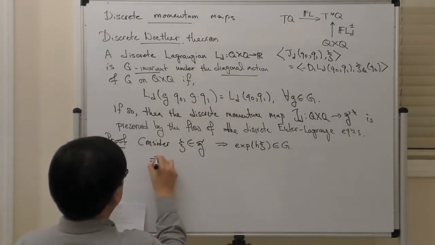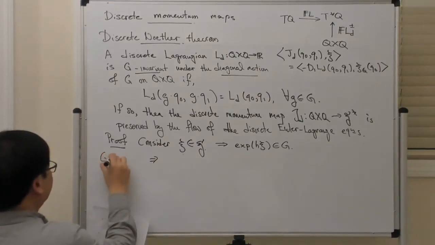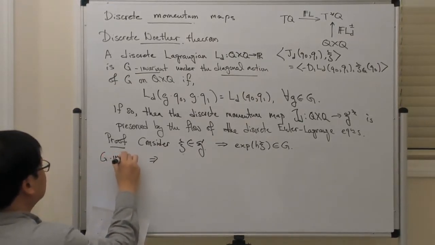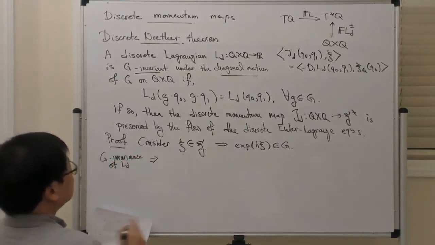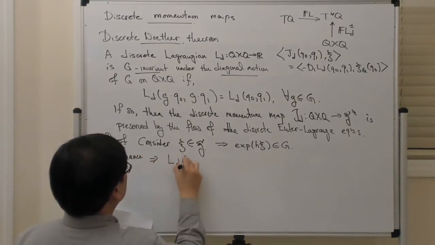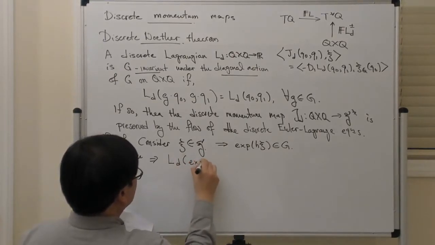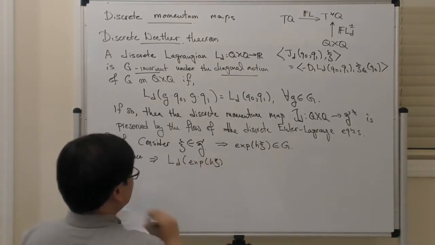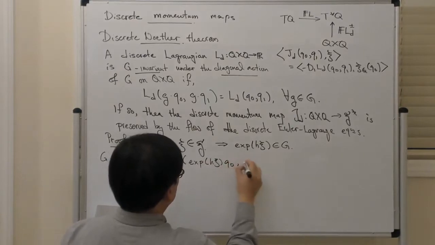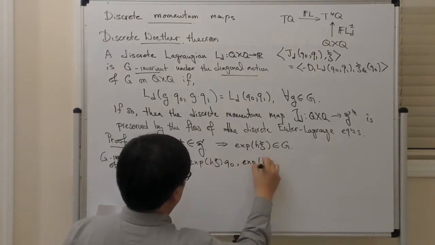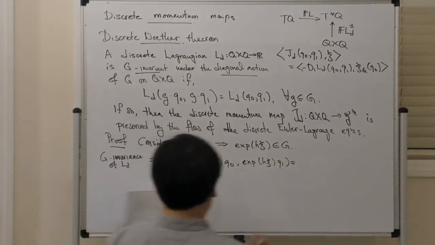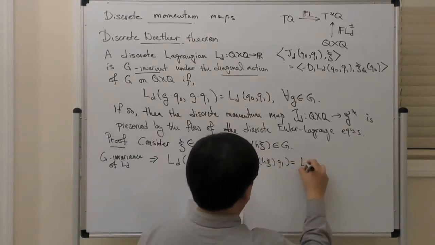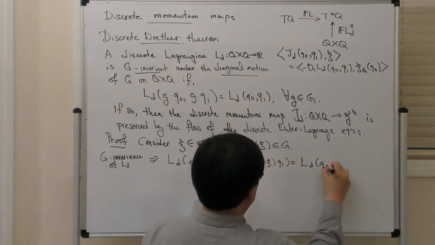So this implies, right, G invariance of LD implies that LD of exponential of h times ξ acting on q0, exponential of h ξ acting on q1, right, is equal to LD of q0, q1.